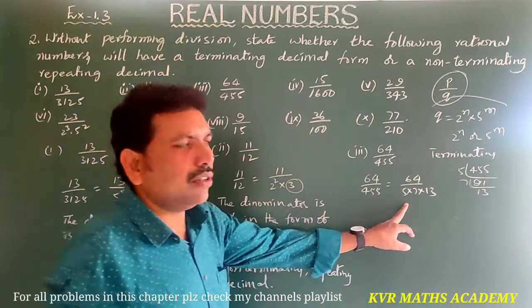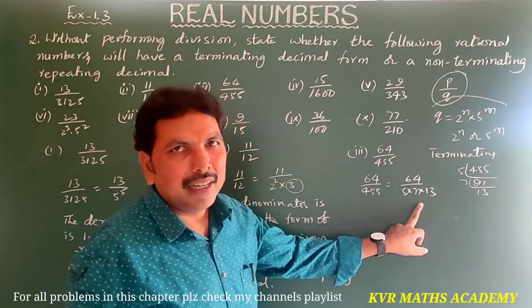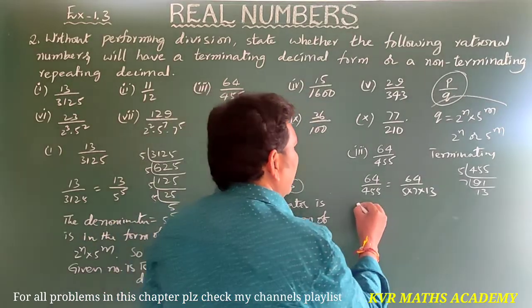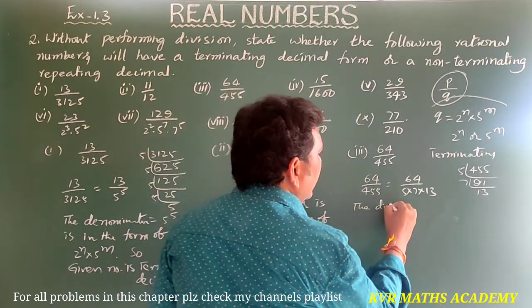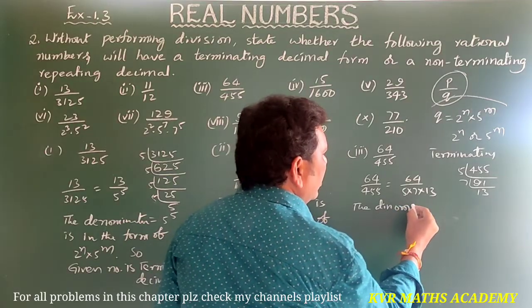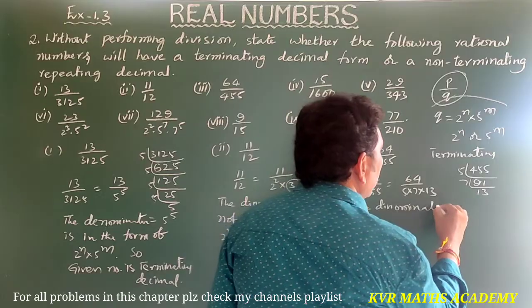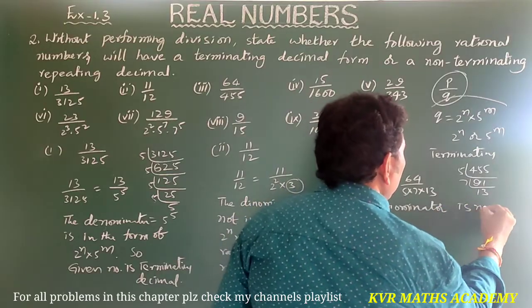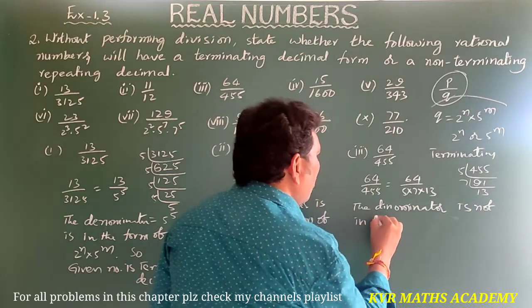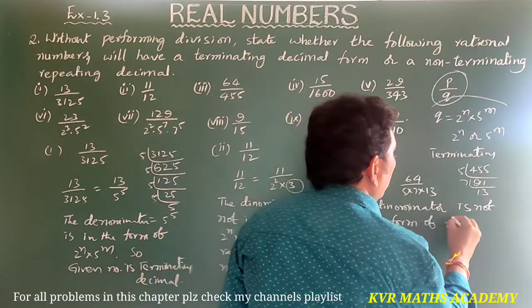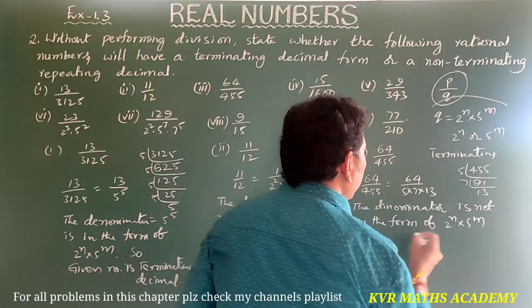Now it is also not in the form of 2 power n into 5 power m. Yeah. The denominator, everything we should write. Denominator is not in the form of 2 power n into 5 power m.